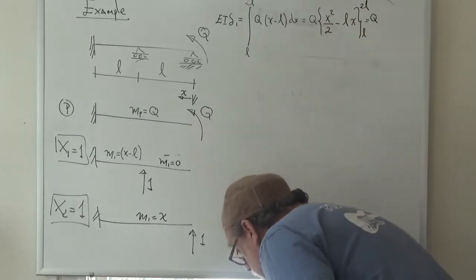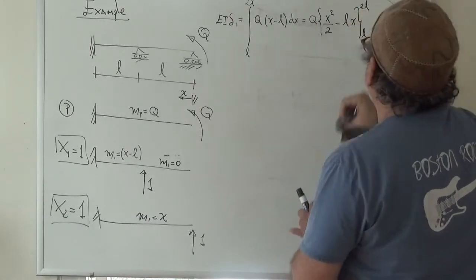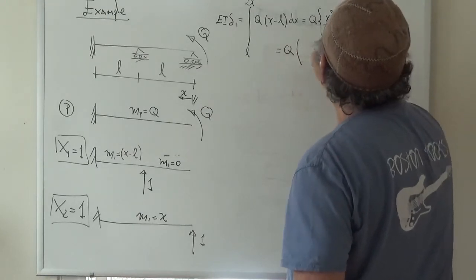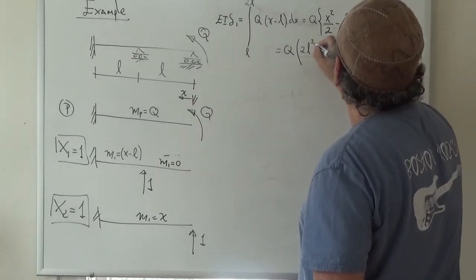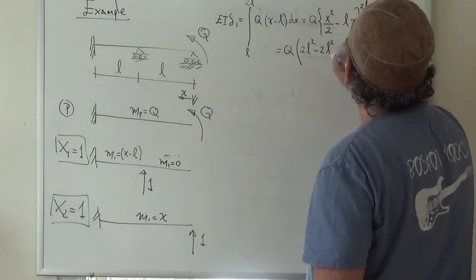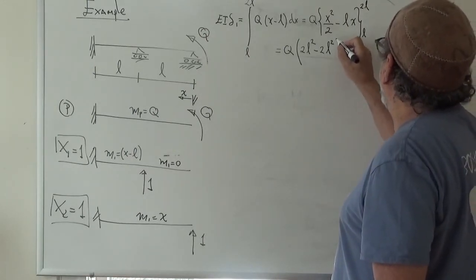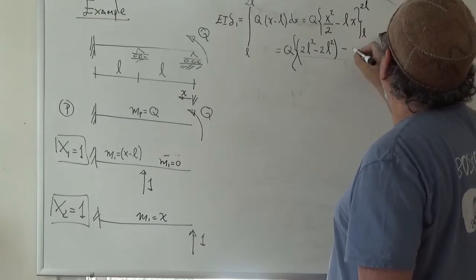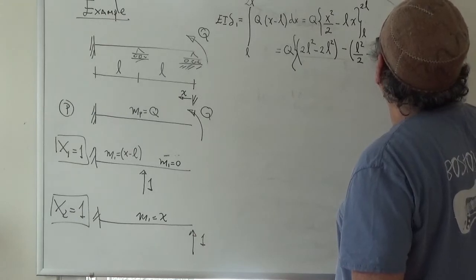It's not going to fit. So that's the same as Q multiplied times 4 over 2, 2L squared minus 2L squared, right? Minus L squared over 2 minus L squared.